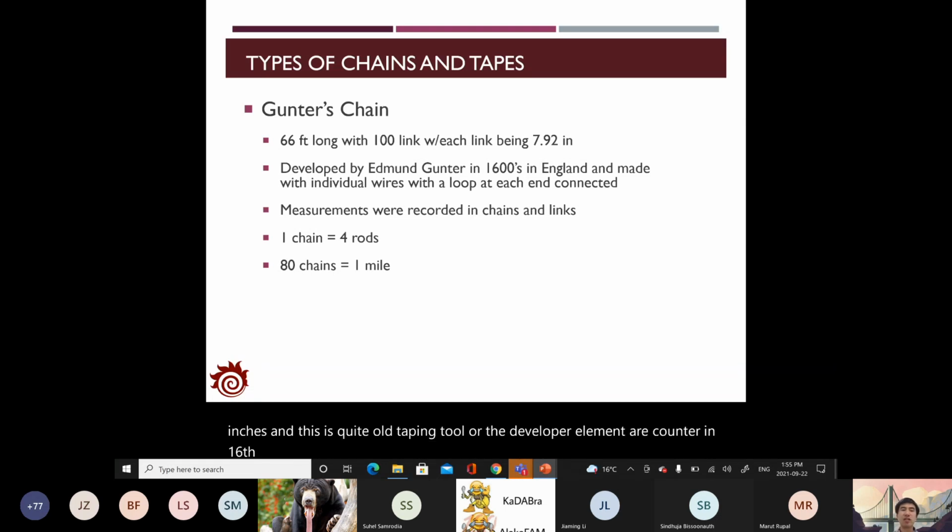It is usually measured with a number of chains and a number of links. One chain is equal to 4 rods, and 80 chains represent 1 mile. That's how you can convert the length in chains and links to international units.